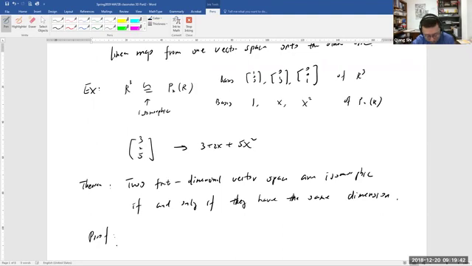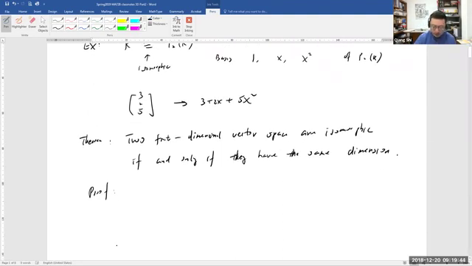So what we're going to prove here is two things, right? If you assume the two vector spaces are isomorphic, in other words, there's an invertible map between them, then we're trying to show they have the same dimension. Or if you show they have the same dimension, then you're trying to show there is an invertible map between them.